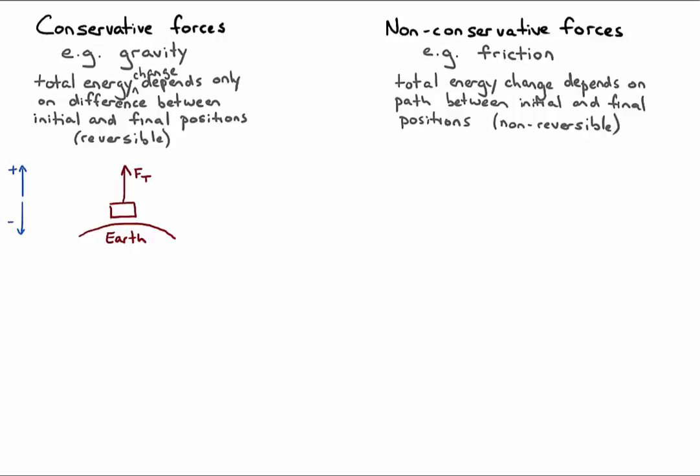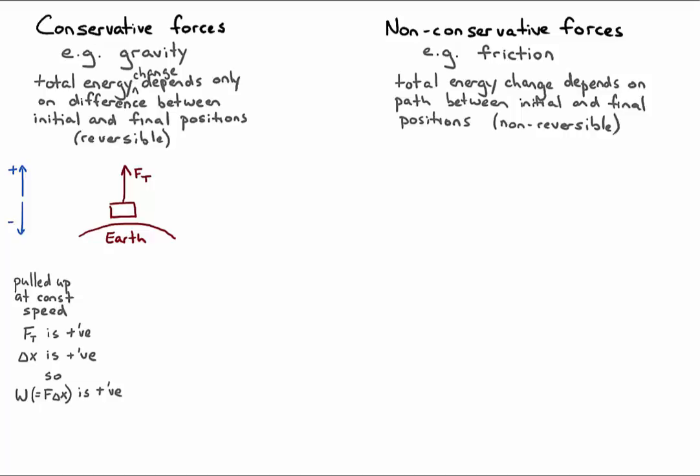Now going back to our definition of work, if we apply that force upwards and that box is moving up at a constant speed, the external force that's being applied is positive. The displacement the box has travelled is positive. And so the work or the energy change in that system of the box and the Earth is also positive.